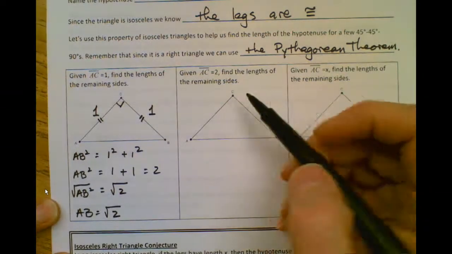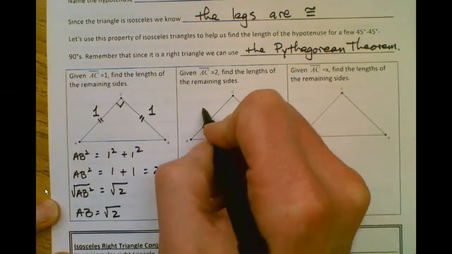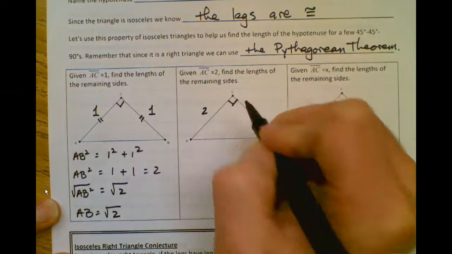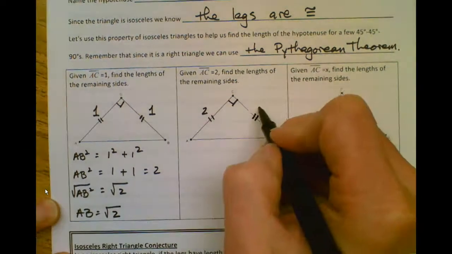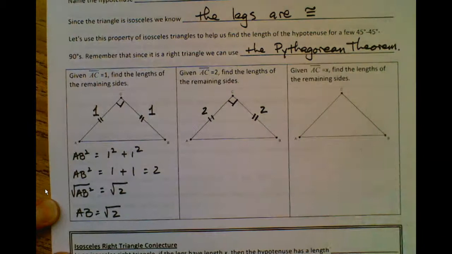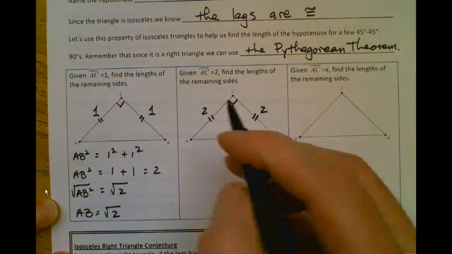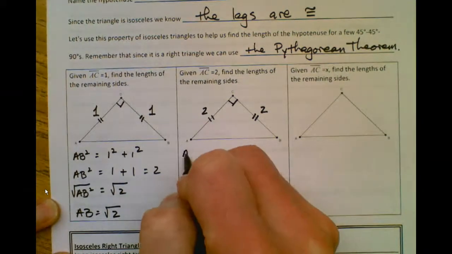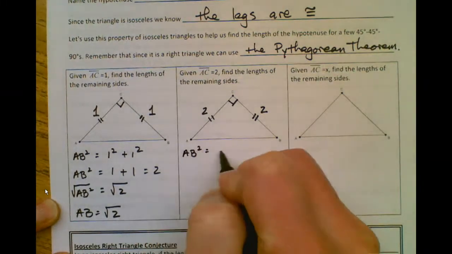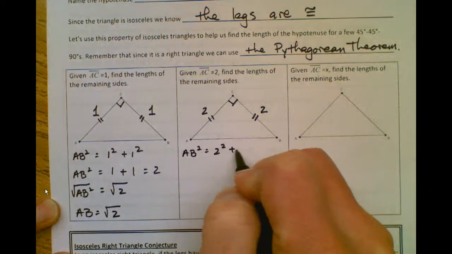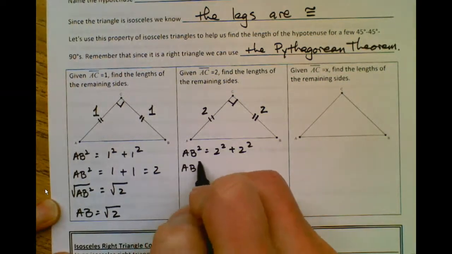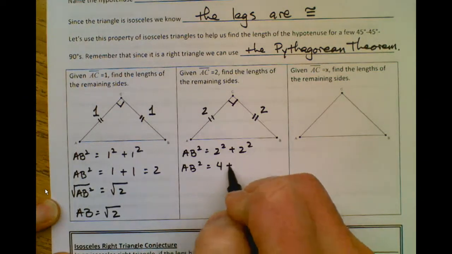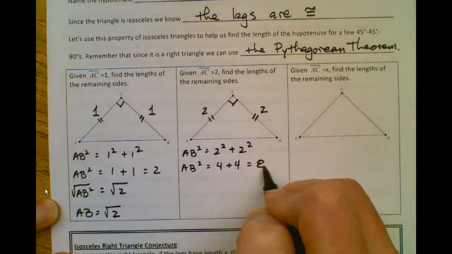Alright, next example, given that AC is 2, again, we've got our right angle. We know it's an isosceles triangle, so these legs are going to be congruent. So this side has to be 2 as well, so that leaves us to find the hypotenuse. So again, using the Pythagorean theorem, we have AB squared is equal to 2 squared plus 2 squared. So AB squared is equal to 4 plus 4, which is 8.